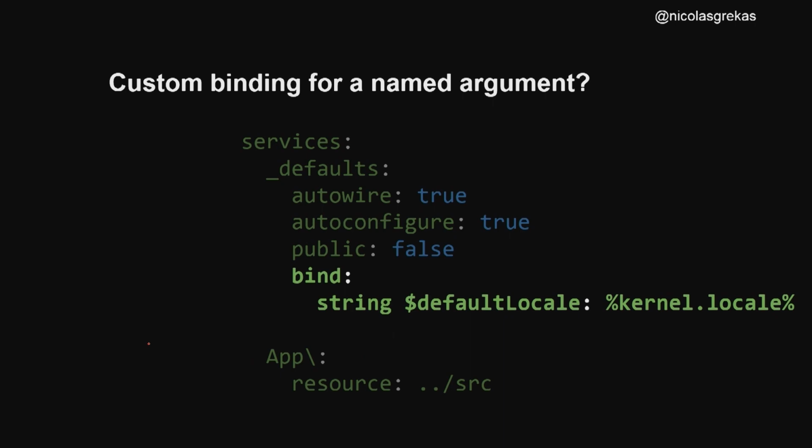So binding. Binding is the answer to wiring strings or parameters to classes. How do you inject an API key or the default locale into one of your classes? Using bindings is pretty common nowadays. A binding is a mapping between a type, a name and a value.